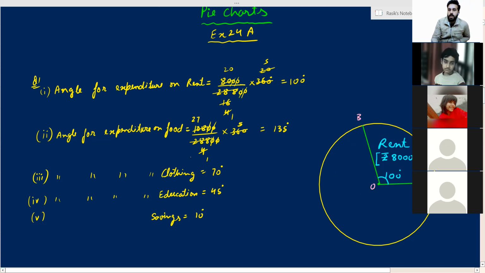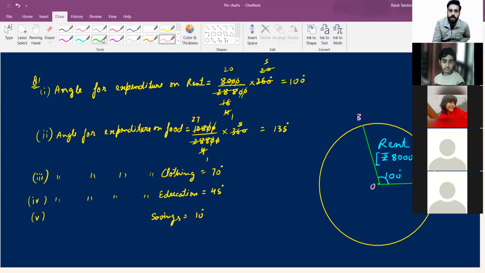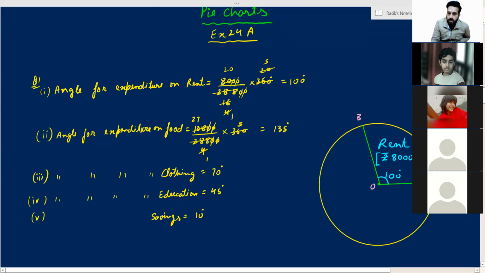Now we will construct a 135-degree angle taking OB as the base. It will come somewhere here.